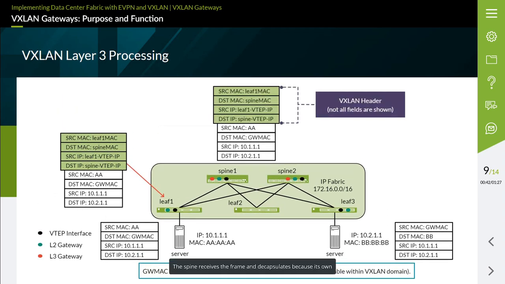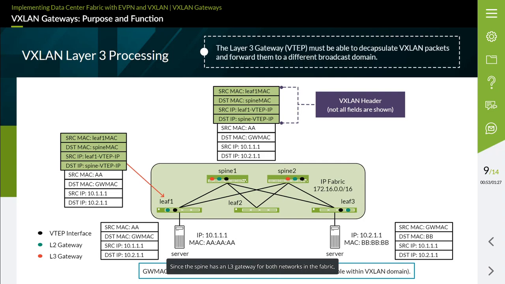The spine receives the frame and decapsulates it because its own VTEP address is the destination. The spine then passes the packet to the L3 gateway for a next hop lookup. Since the spine has an L3 gateway for both networks in the fabric, the spine resolves the MAC address for 10.2.1.1.